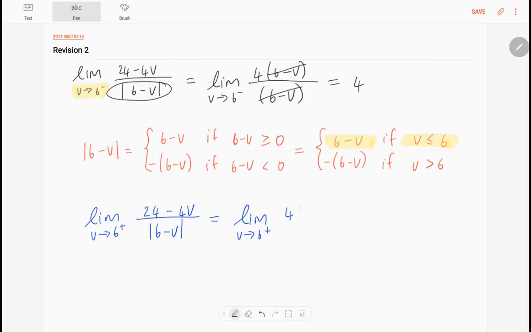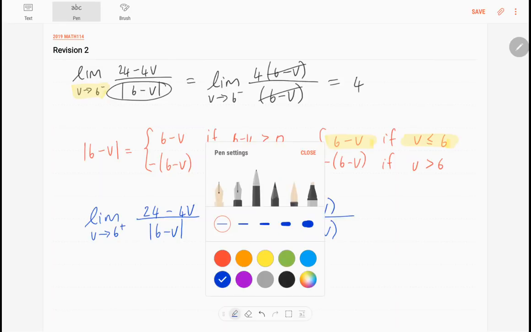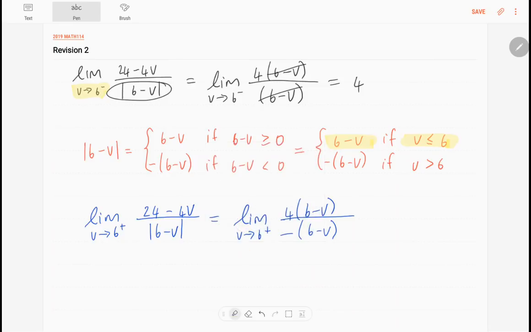Take out a common factor of 4 again. Over. And now, instead of replacing the absolute value of 6 minus v simply by 6 minus v, we replace it with minus (6 minus v) now. Because since v is approaching 6 from the right, we know that v is greater than 6.